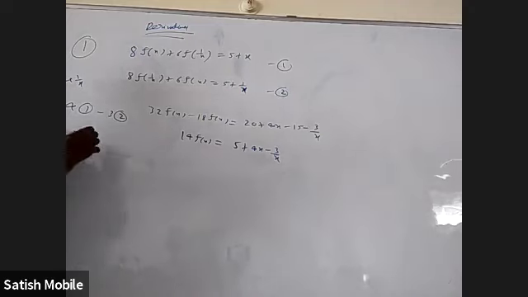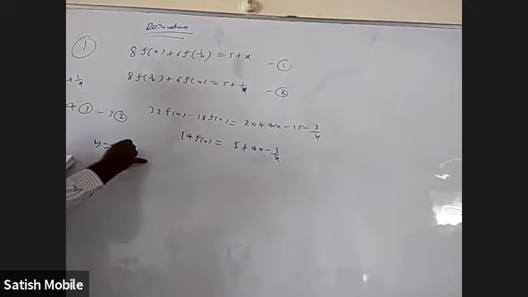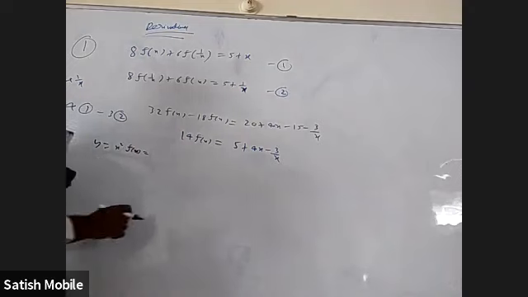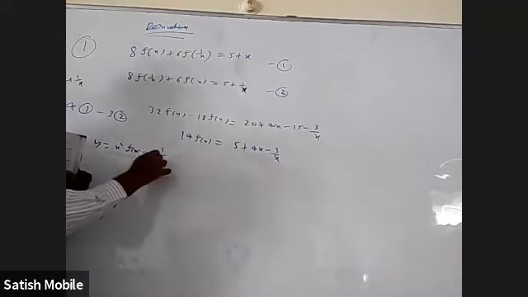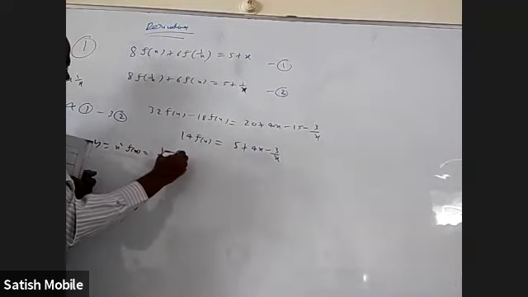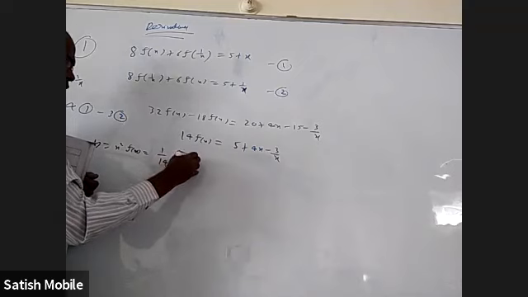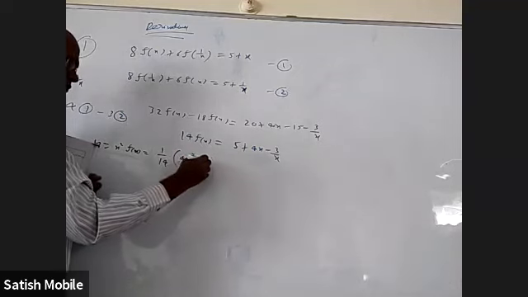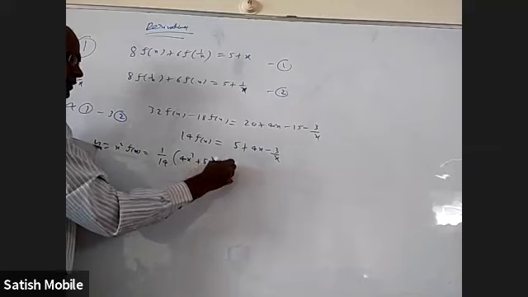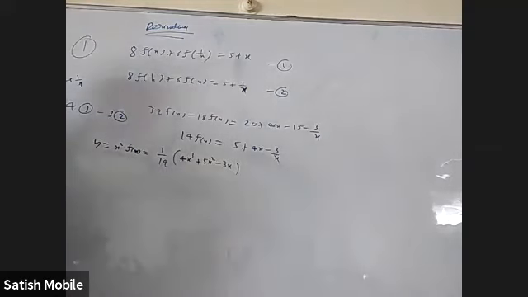Now they want y equal to x square f of x. Take this 14 here, that is 1 by 14, and then multiply the x square. We are going to get 4x cube plus 5x square minus 3x after multiplying the x square. Now they want the derivative at minus 1.